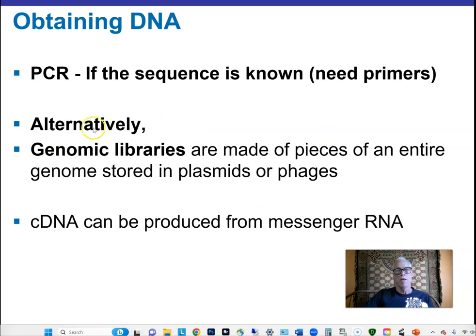A third way that I want to tell you about is probably my favorite way of all. You can take messenger RNA from a cell that you know expresses a particular gene and then work backwards and make a DNA copy of that messenger RNA, and then we can insert that right into a plasmid, or we can amplify it by PCR and then insert it into a plasmid.